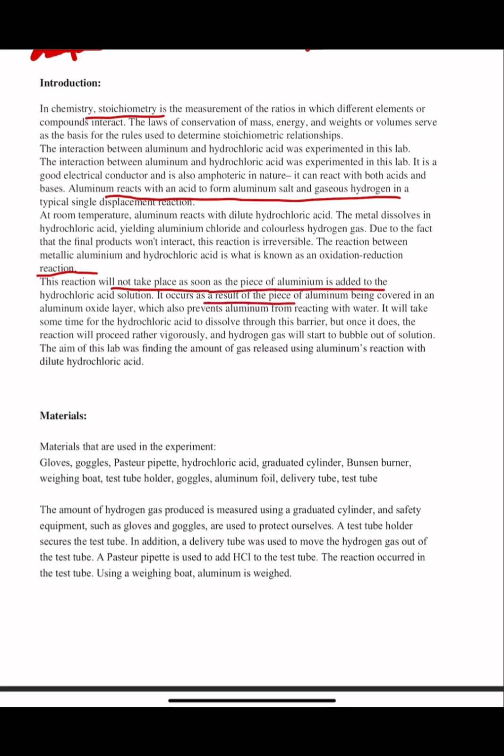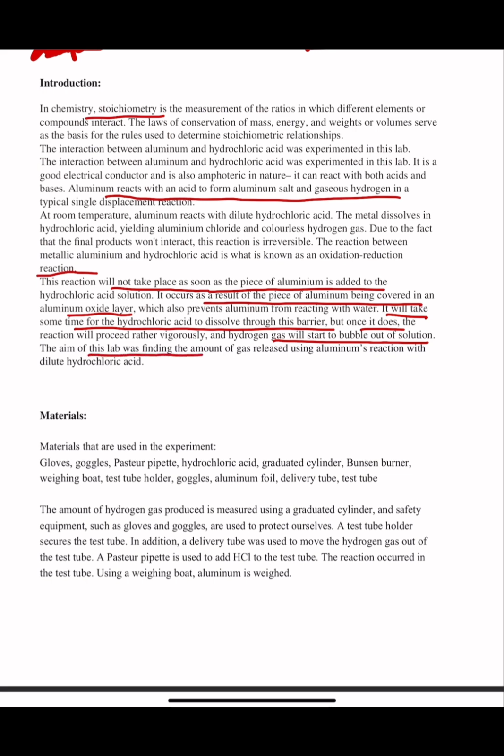It occurs as a result of the piece of aluminum being converted into an aluminum oxide layer. Now this one seems like everything is quoted from the internet. There is nothing written by themselves. It will take some time for the hydrochloric acid to dissolve through this layer, but once it does, the reaction will proceed rather vigorously. Hydrogen gas will start to bubble out of solution.